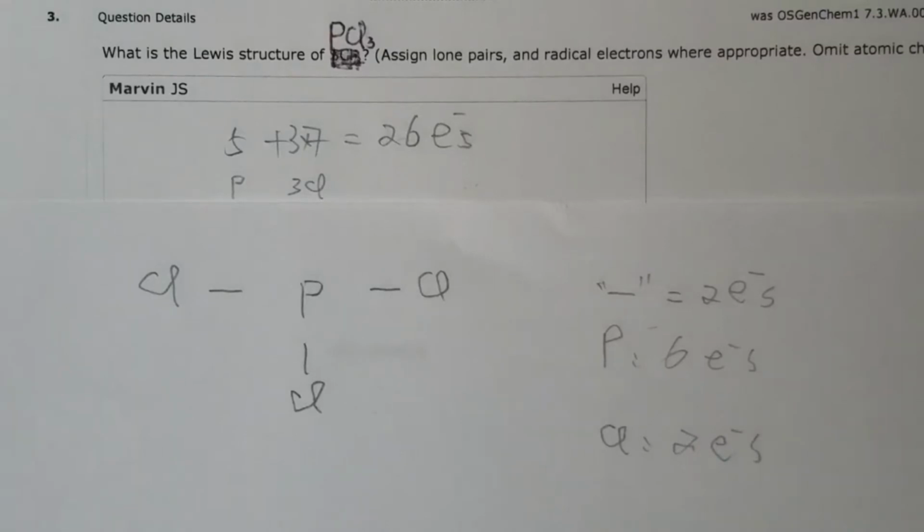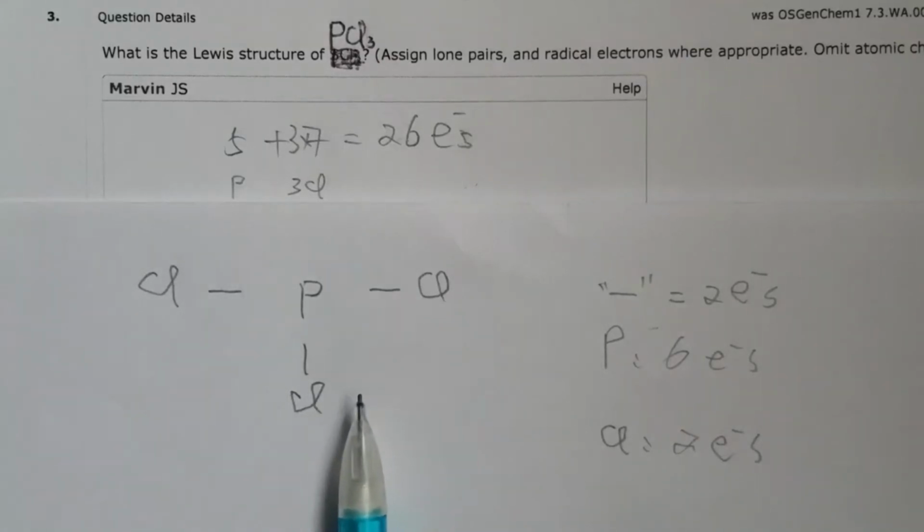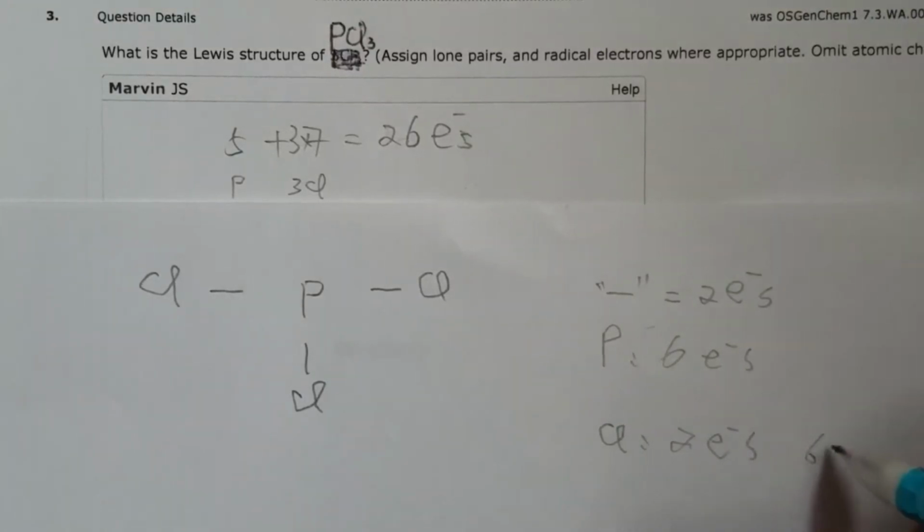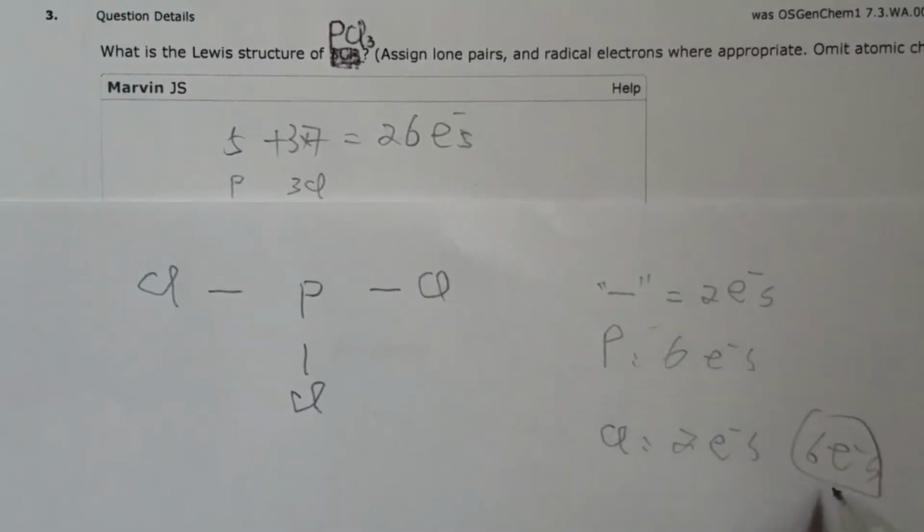Please recall we already learned the octet rule, which means each atom surrounded by 8 electrons, that will be the most stable state. In order to satisfy the octet rule, each chlorine still needs 6 more electrons. All right, so for each chlorine.